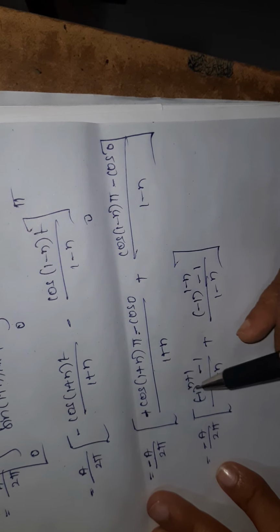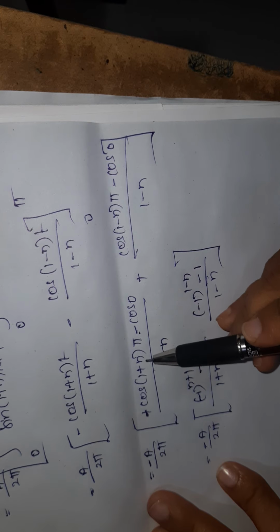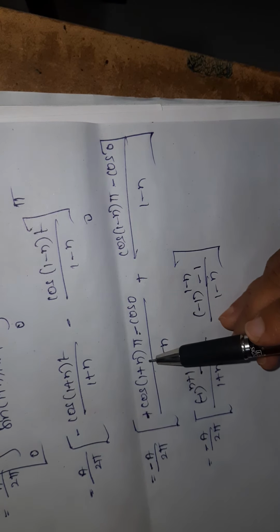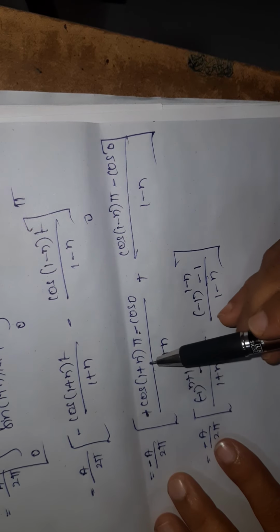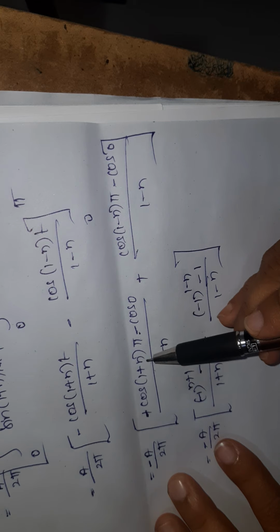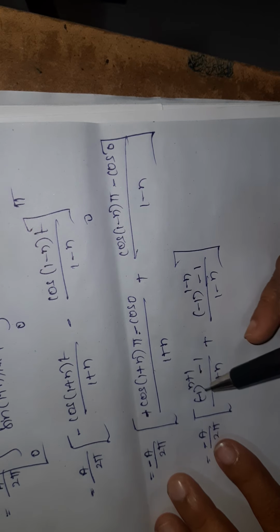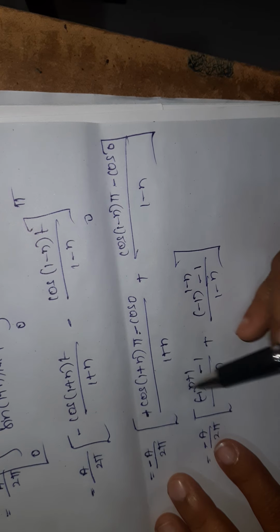Okay, so this value is depending upon the value of n. If n is even, I will get minus 1. If n is odd, I will get plus 1. Okay, so depending upon the n value, I am writing minus 1 whole power n plus 1.